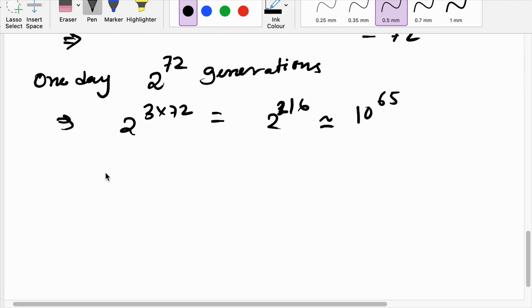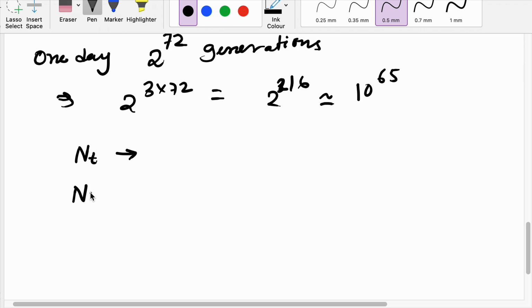So in terms of an equation, suppose at time t, N_t bacteria were present, then at t plus 1, how many bacteria will there be? That will be 2 N_t. So this is the basic equation here.